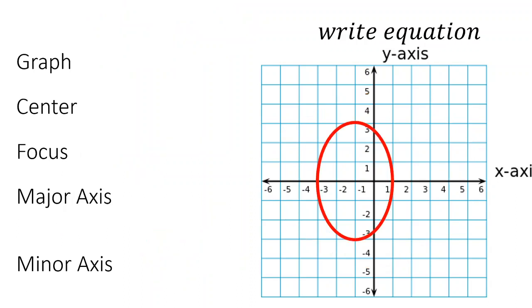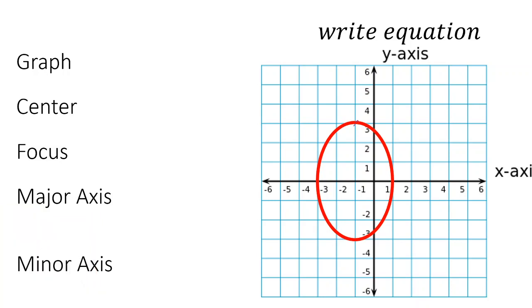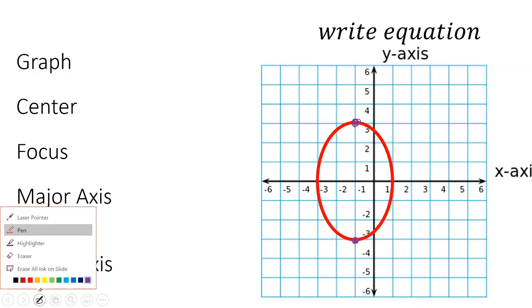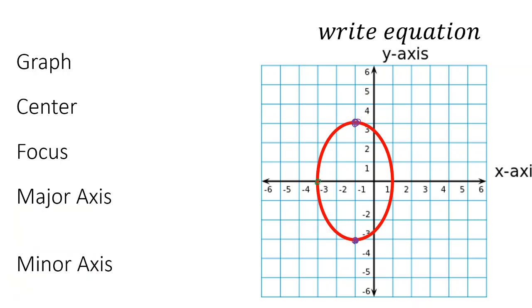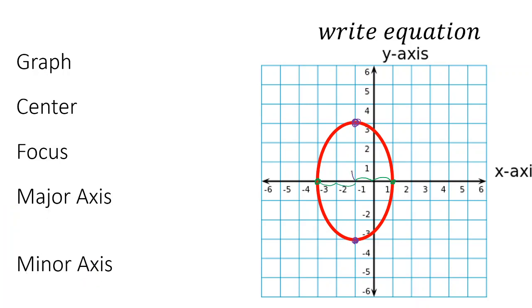Here we go. This one I've just got the graph, and I need to find all the information about it. If we look at it, here's the major axis point, I believe, and here's the minor axis points. Couldn't we find the middle? It goes 2 units this way and 2 units that way, and the major goes 3 units this way and 3 units that way.